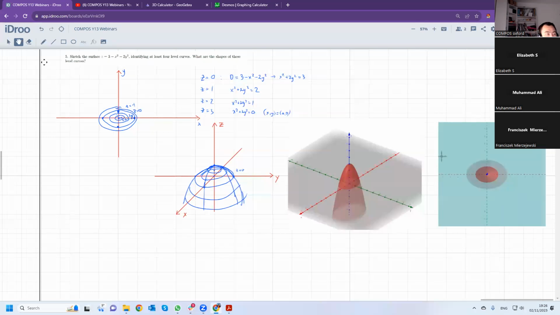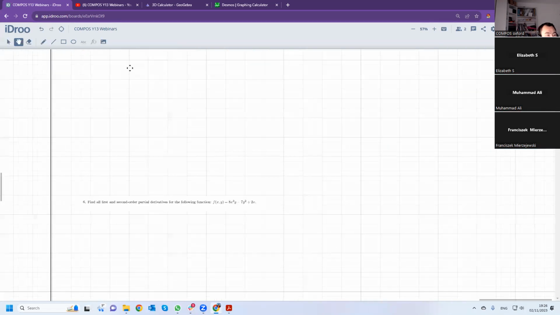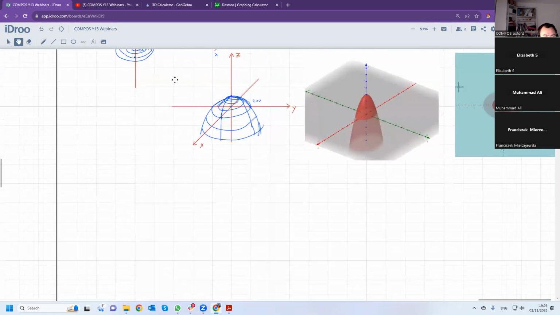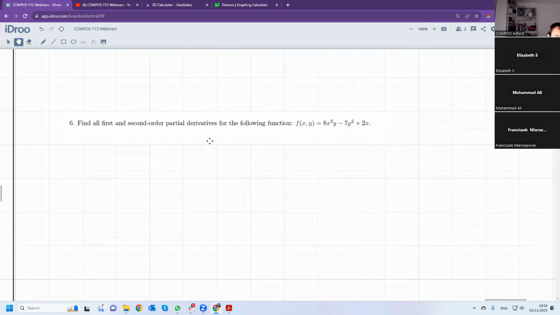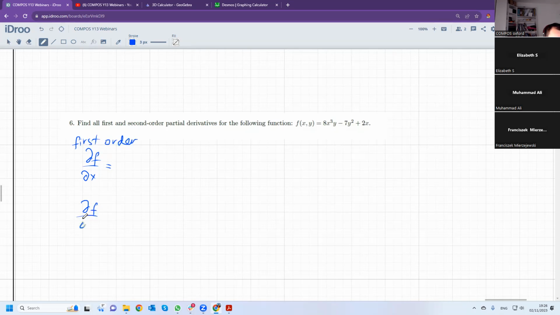Okay, and finally, we have problem 6. Find the second order partial derivatives for the following function. First and second order. So the first order derivatives are df on dx and df on dy.